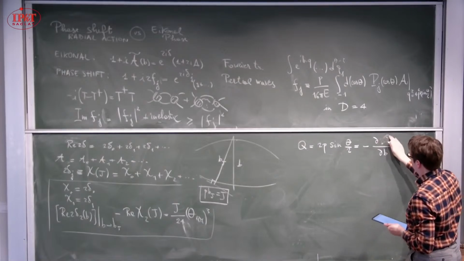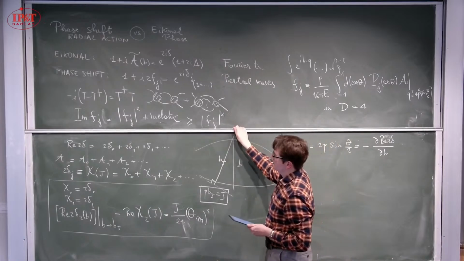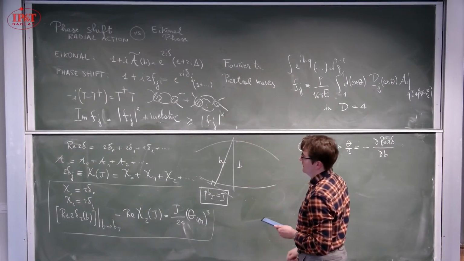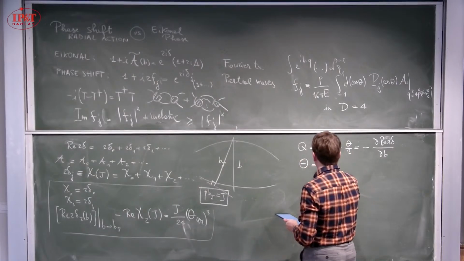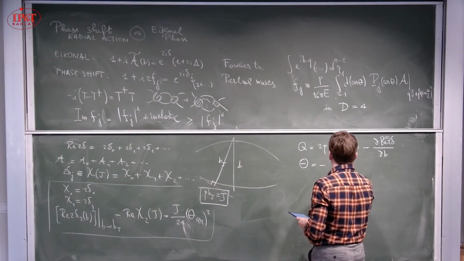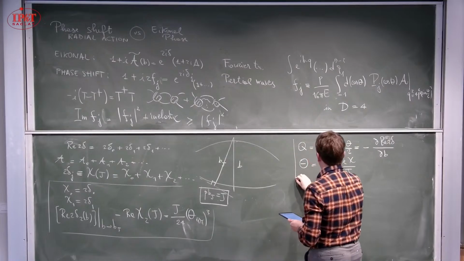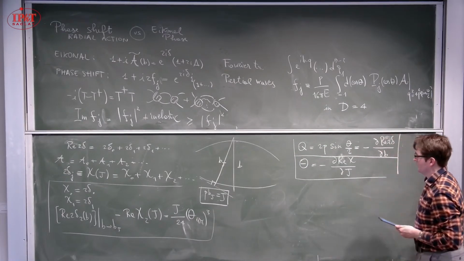Here I could put the real part. Instead, the phase shift is such that directly the angle is minus the derivative of the real part of the phase shift with respect to the angular momentum. So these are different relations.